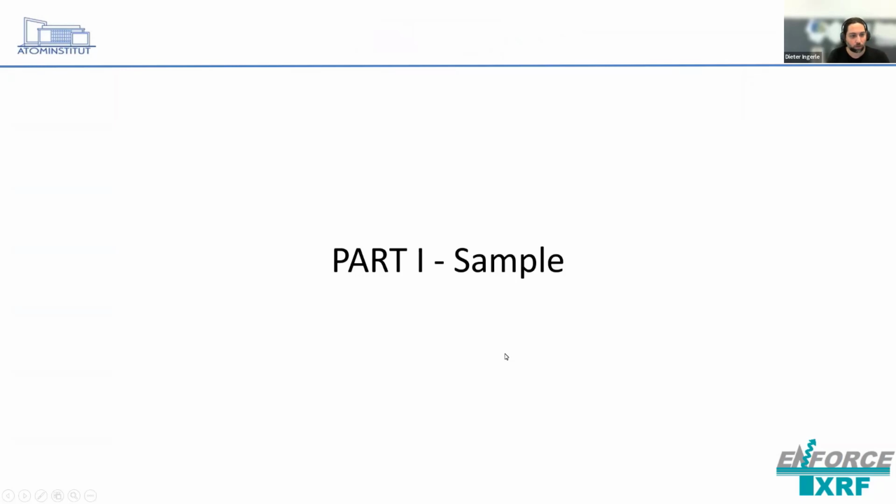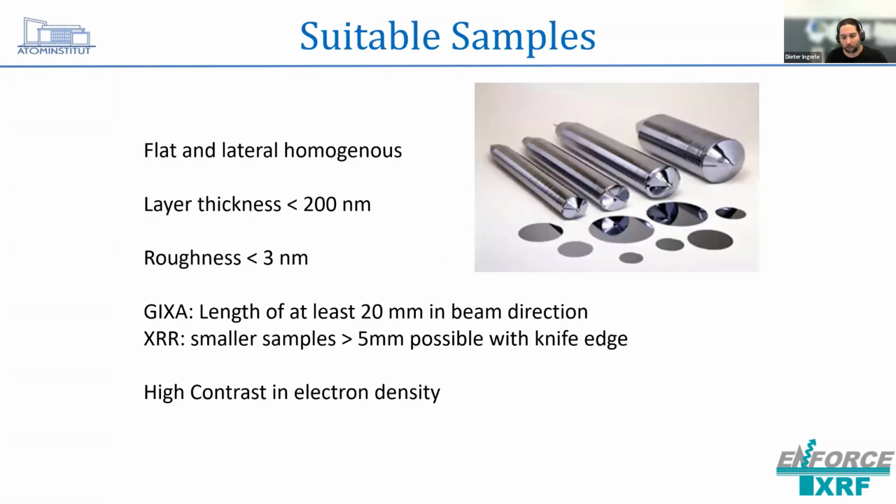So now let's go to the sample. Typically, and that's maybe also historical, here I've shown the wafers, which are quite common, or which were quite common when I started to analyze wafers and layers on wafers. But of course, it can be also other things like silicon quartz reflectors or whatever.